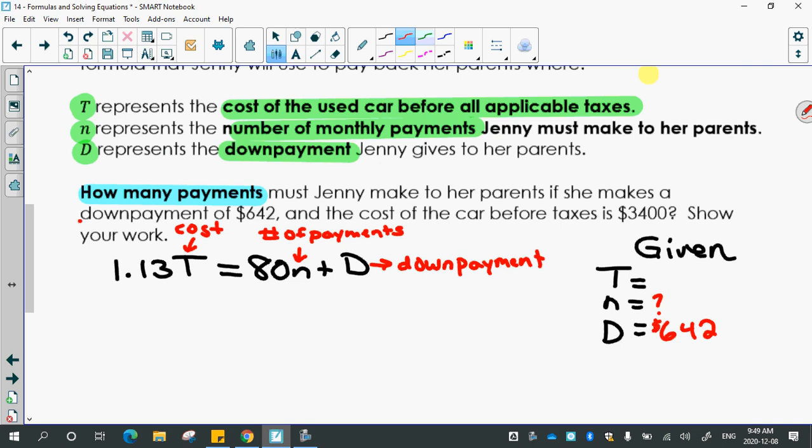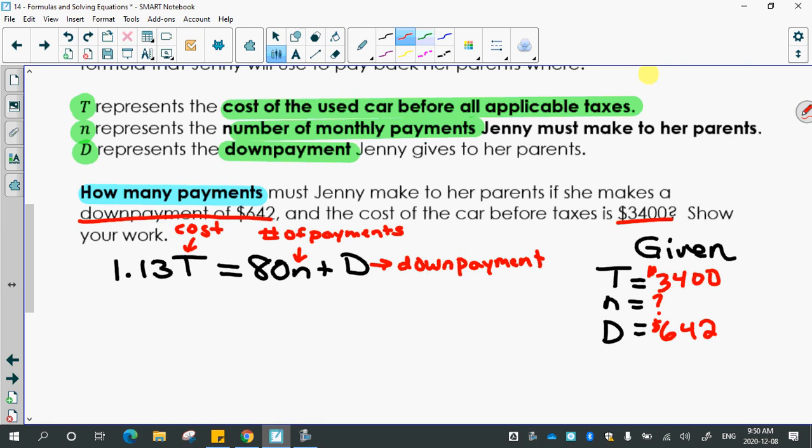So down payment of $642. And the cost of the car before taxes is $3,400. So you filled in your given, your total cost, your down payment, and it's N that you want to find. Okay? Have you got the formula written down there?